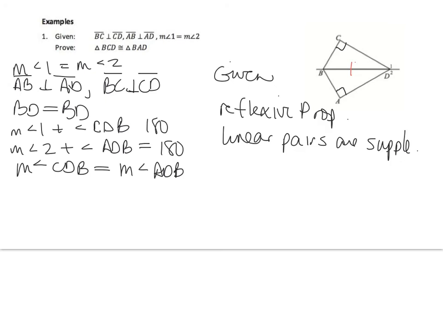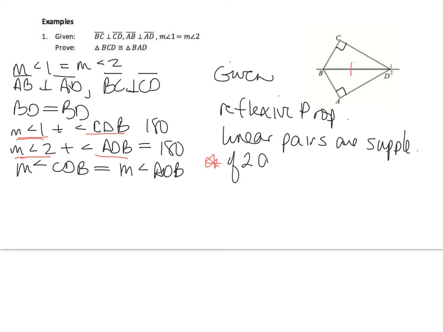And that's a rule we haven't really used yet, so I'm going to star it so we can try to remember it for the future. I have two angles are equal in measure, which is angle 1 and angle 2, and they're supplementary with these two angles. So if two angles are equal in measure, then their supplements are equal in measure. Let me write that down.